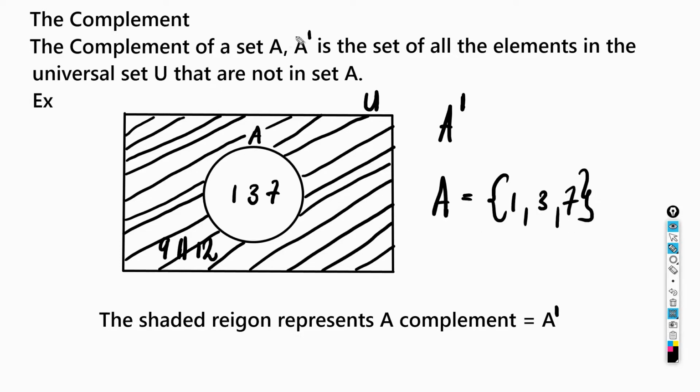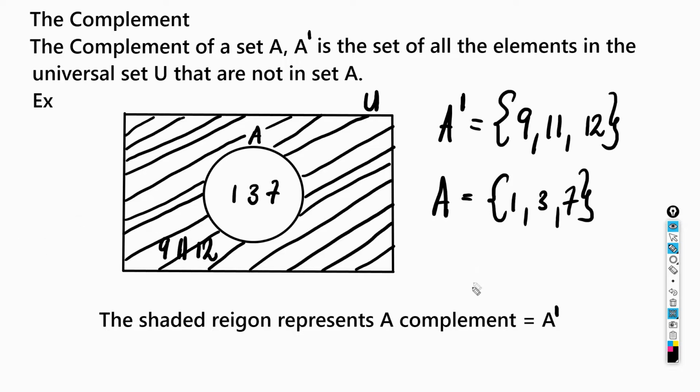But it says here that the complement A prime is all of the elements in the universal set U that are not in set A. So if you notice, we have everything outside of set A shaded here, and that shaded region represents the complement. So clearly A complement is equal to 9, 11, and 12, okay? Cool. All right, so just think of it, guys, as everything outside of A, okay? So A complement would be everything outside of A, all right?